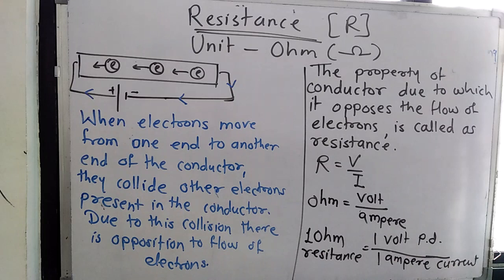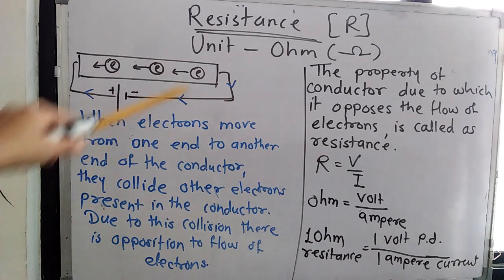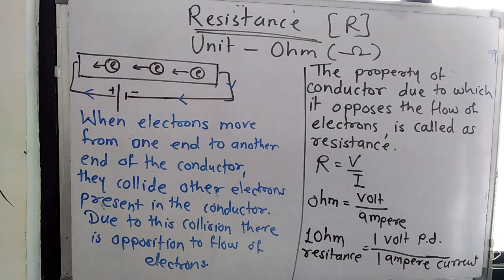So due to this collision, there is some opposition to the flow of electrons. So this opposition to the flow of electrons is nothing but what? Resistance.